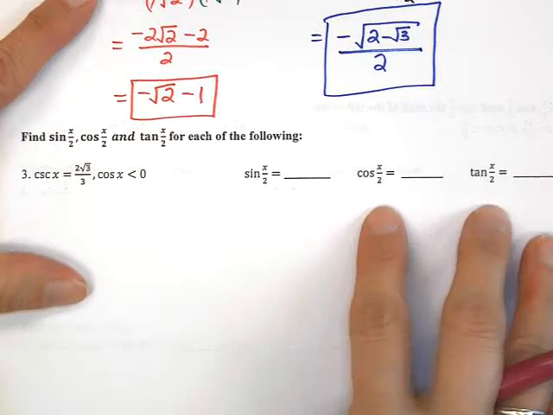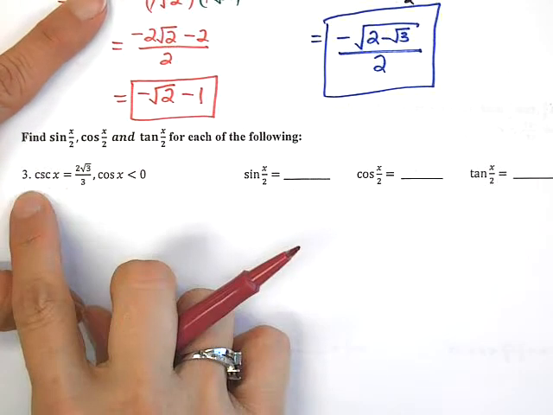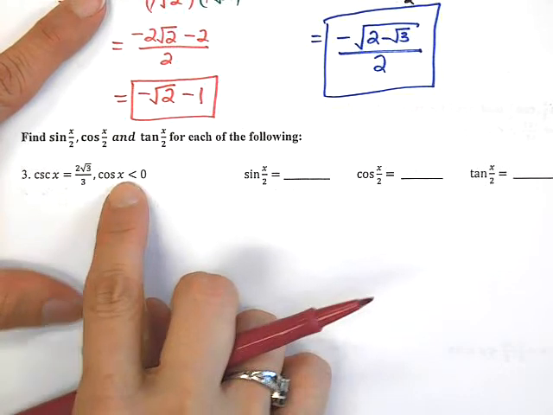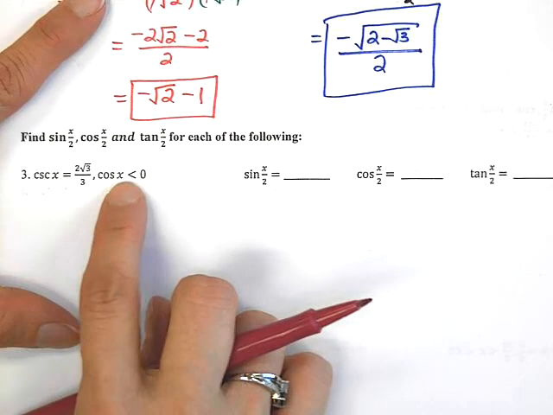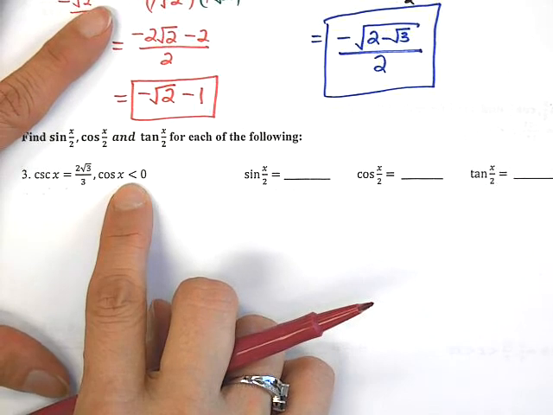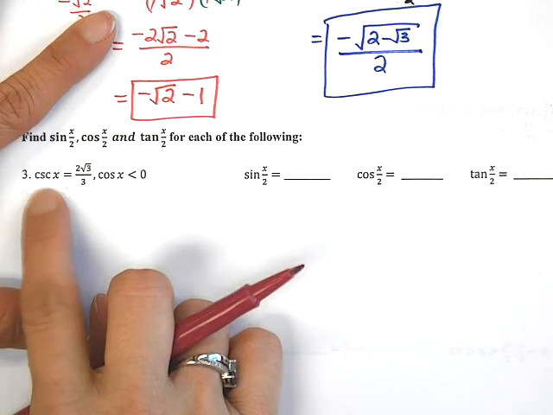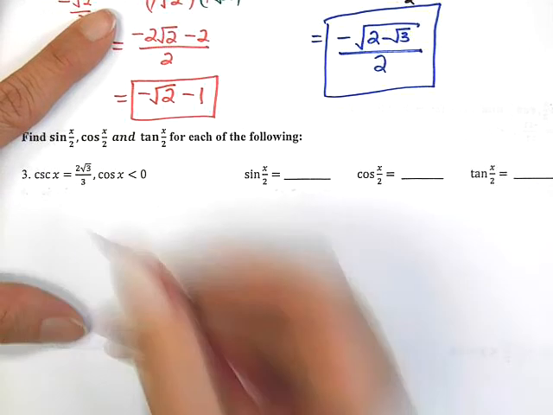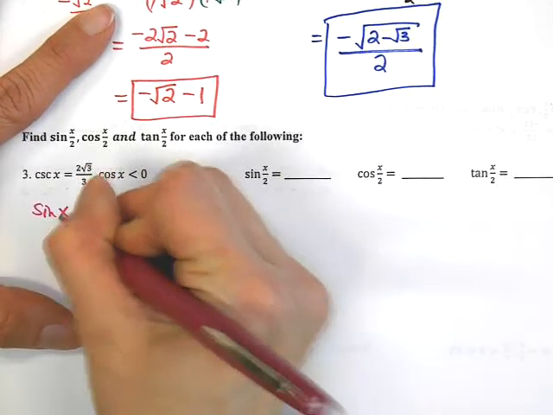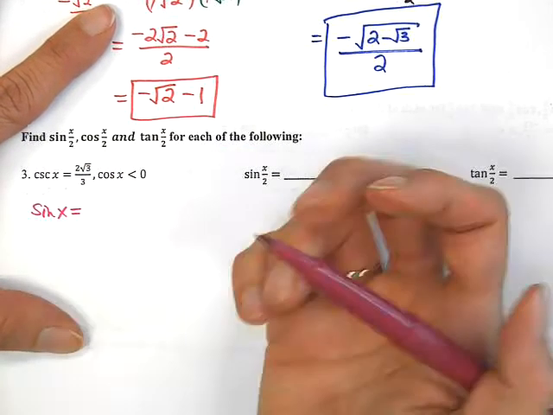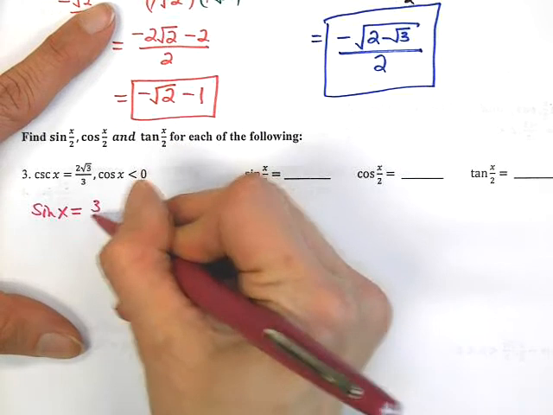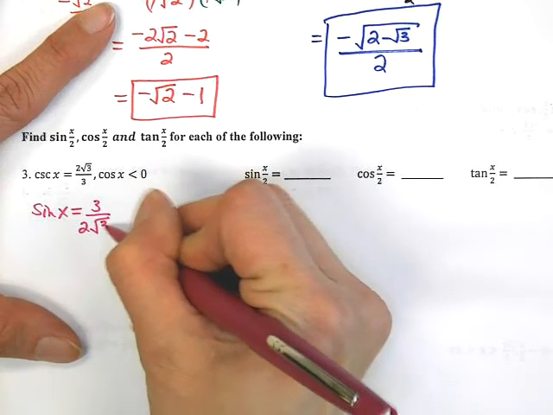We have to find some half angles. It says x, let's see, cosine is negative, and this says cosecant. If you don't like cosecant, maybe we can write this as sine of x. Do you want to flip this? Some people like to see opposite over hypotenuse a little bit better.